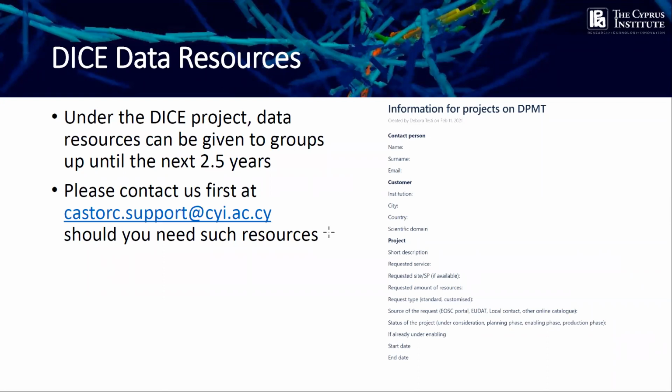It's best that people who are interested in these types of data resources come to us first, so that we can help them fill in the information that are required for such an application. Very few details are actually required, but we need to get this application right to ensure that groups that apply are eligible for these type of data resources.